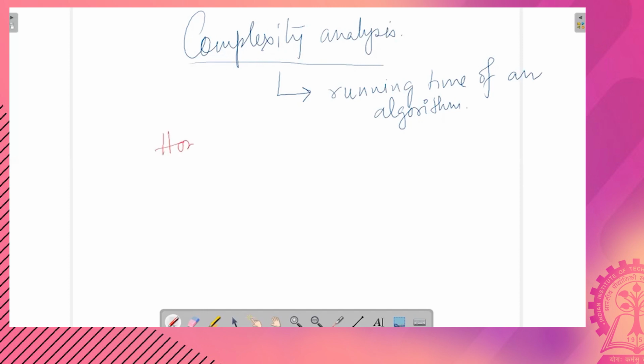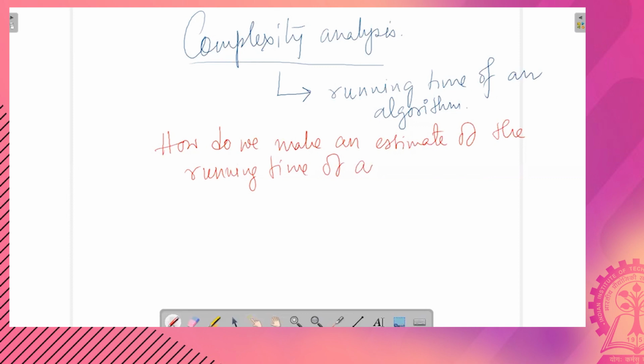So the question that we pose is, how do we make an estimate of the running time of an algorithm? As soon as you ask this question, quite a few answers can be cited. Let's see how logical or correct each of these answers is.